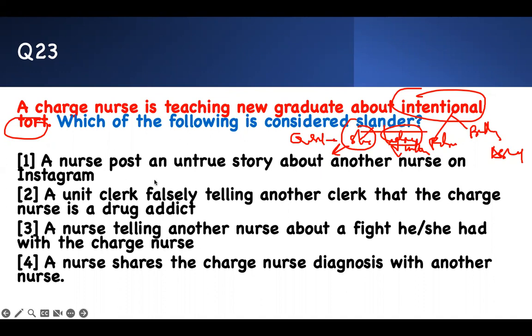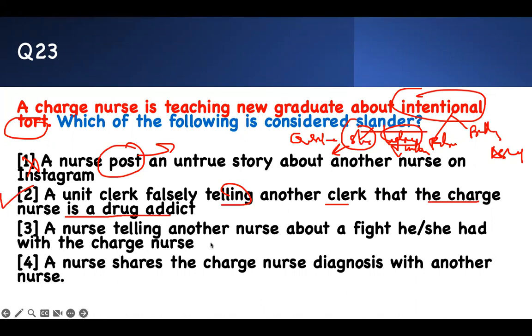And next, post an untrue story about another nurse on Instagram. The word is what? Post. This is libel, so it can't be slander. A unit clerk falsely telling another clerk that the charge nurse is a drug addict. Spoken, slander. So this is good.